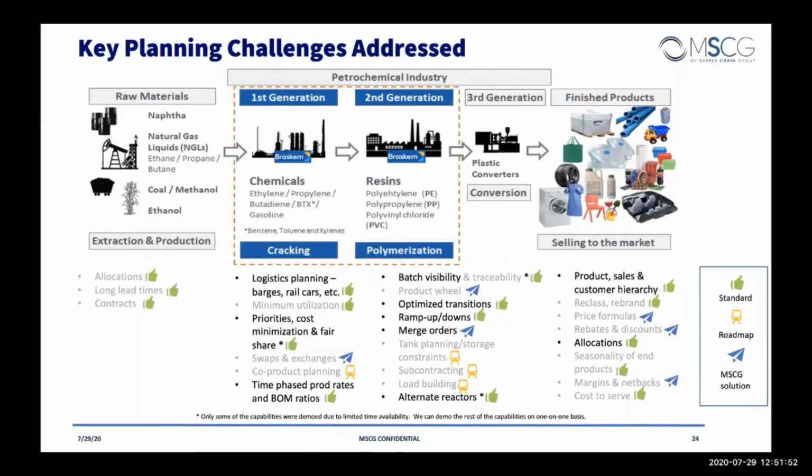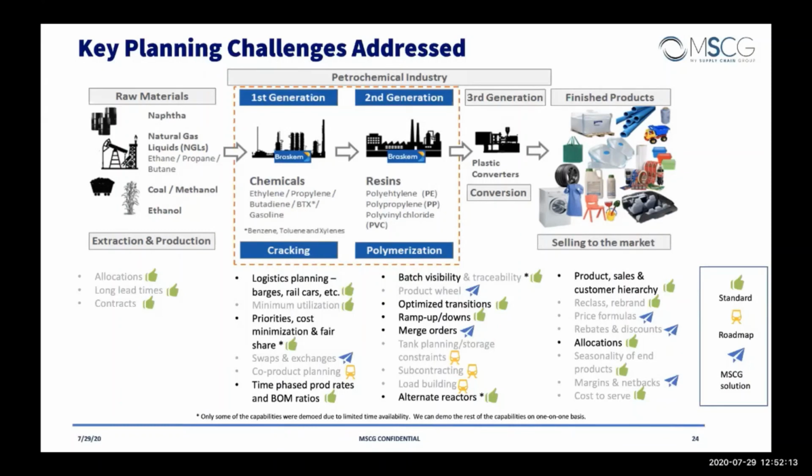We looked at the distribution plans. We looked at the cost optimization. We looked at time-phased BOMs and production rates. We saw that we can see the batches in IBP. We looked at some of the scheduling part of it.